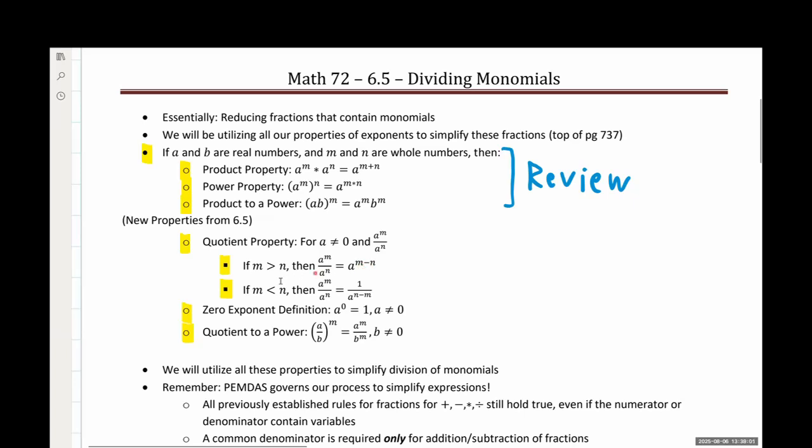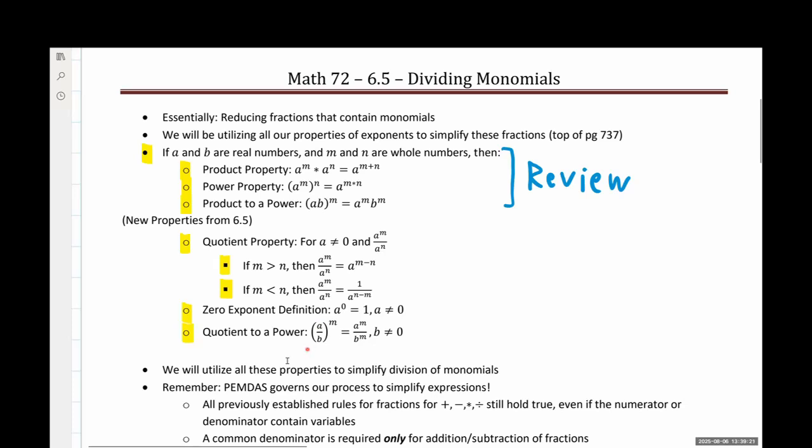If, however, the numerator's exponent is smaller or less than the denominator's exponent, I'm still going to subtract them, big number minus the small number, but the result is then going to be in the denominator of this fraction.